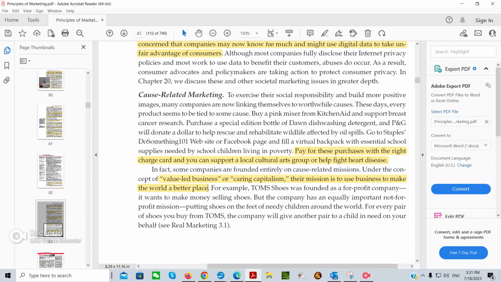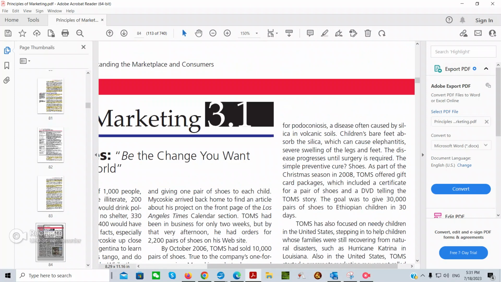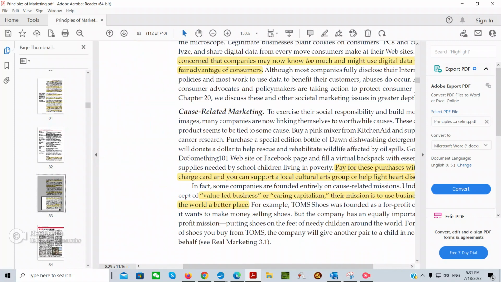For example, TOMS Shoes was founded as a for-profit company. It wants to make money selling shoes, but the company's equally important not-for-profit mission is putting shoes on the feet of needy children around the world. For every pair of shoes you buy from TOMS, the company will give another pair to a child in need on your behalf.